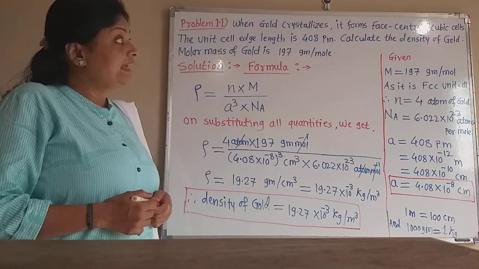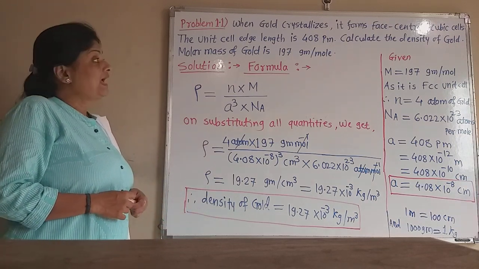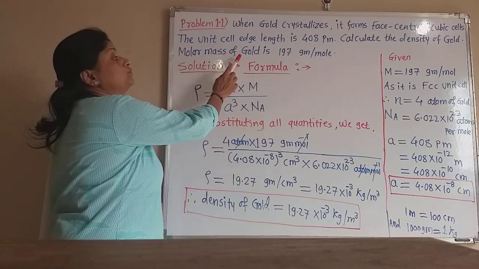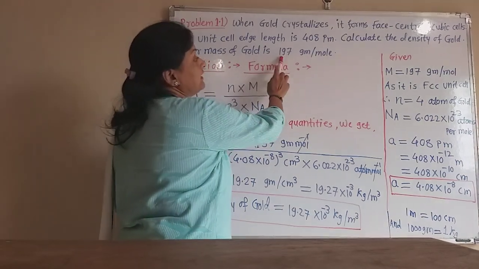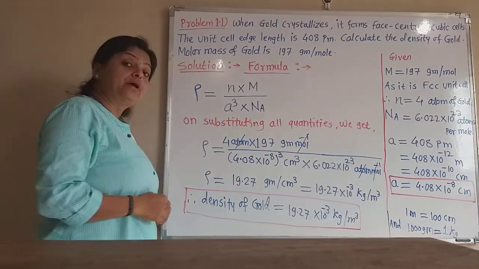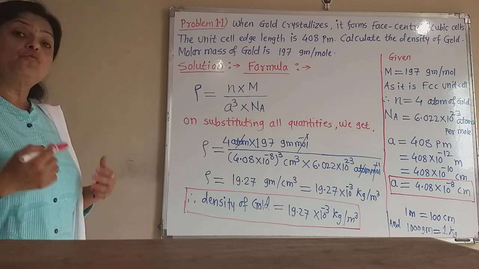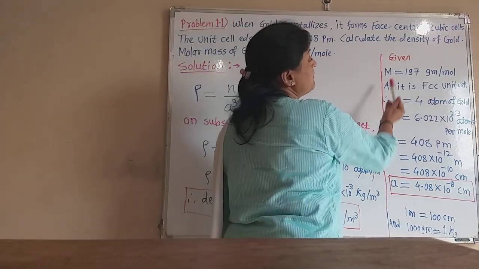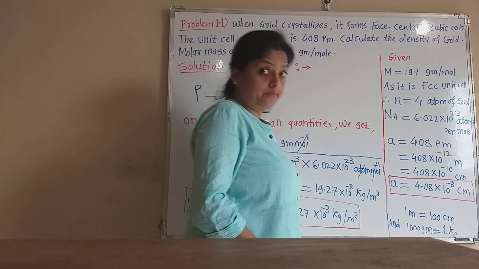Then they ask us to calculate the density of gold, and they also give us the molar mass of gold, which is 197 gram per mole. Now which quantities are given? The given quantity is the molar mass of gold, 197 gram per mole.